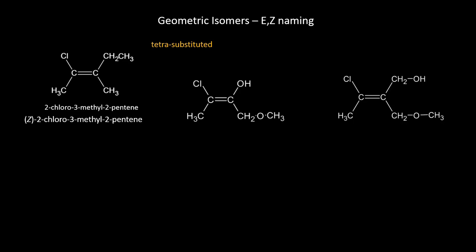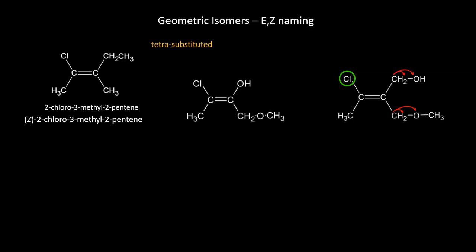In this example, chlorine again has the higher priority over CH3. This carbon is connected to 2 carbons, so we consider this a tie and must consider the next connection. This carbon is connected to 2 hydrogens and 1 oxygen. This carbon is also connected to 2 hydrogens and 1 oxygen.